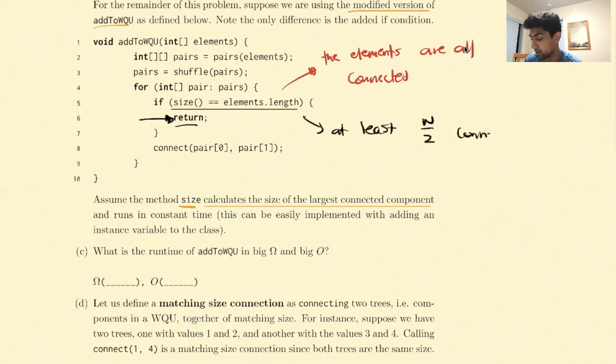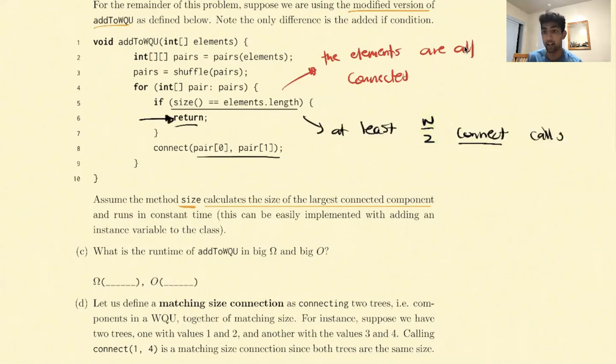Okay, so what that means is that we needed at least n/2 connect calls, right? In order to return, it means that all the elements must be connected, which means that we must have called connect on every single person once. And every time we call connect, we pass in 2 people. So we know that we need at least n/2 connect calls, right?